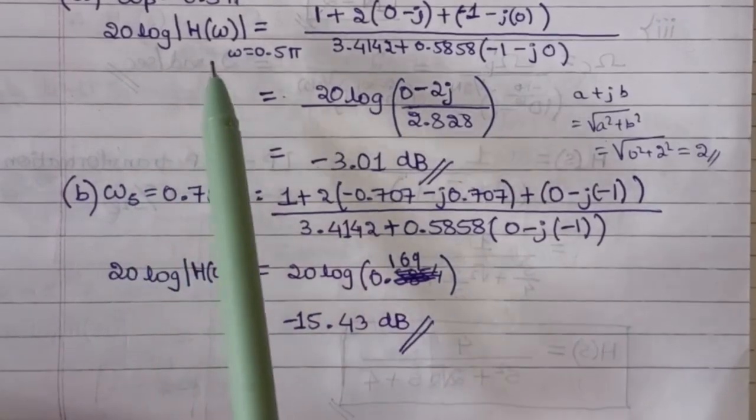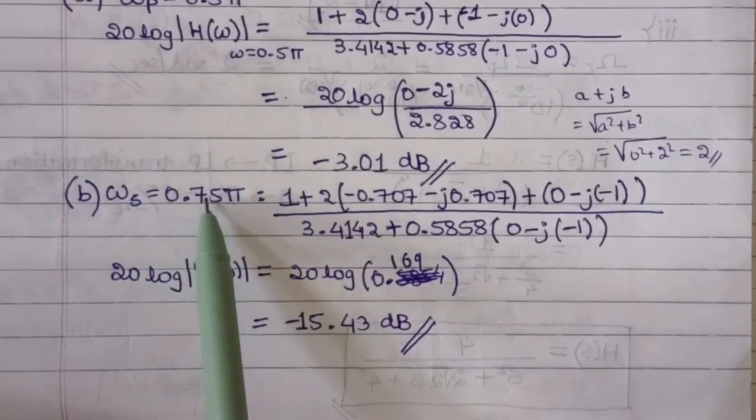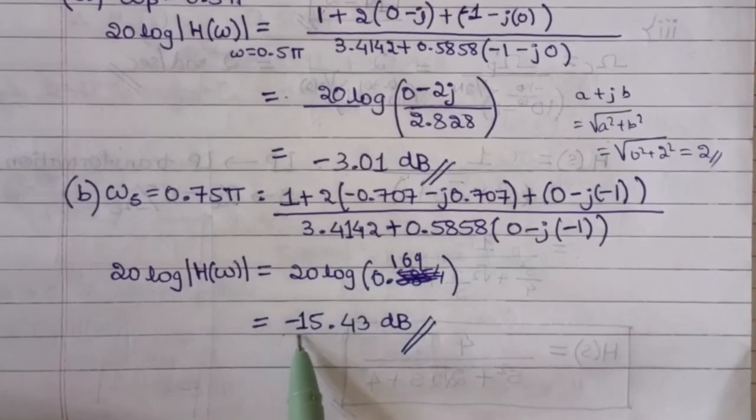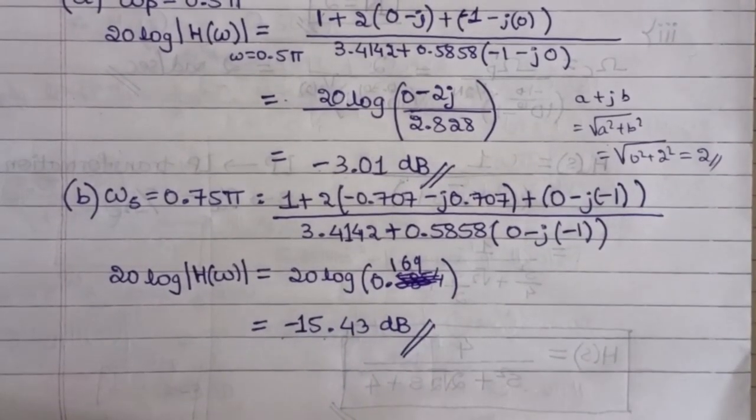Similarly, evaluating this transfer function at omega is equal to 0.75 pi, and solving it and taking the 20 log of that answer, we get minus 15.43 dB.